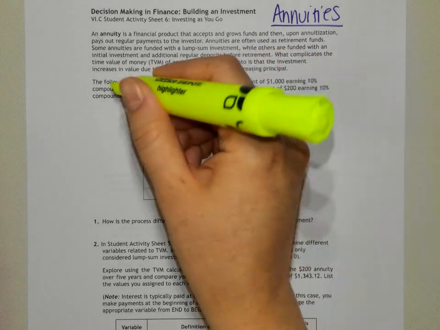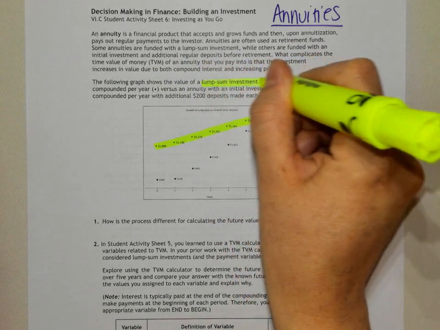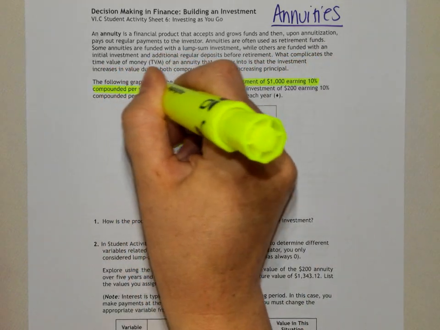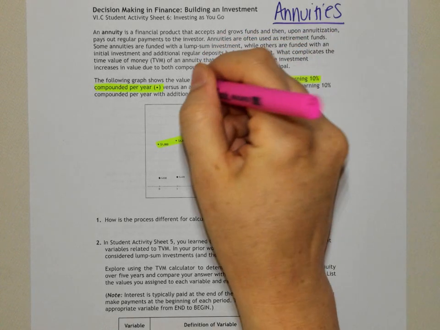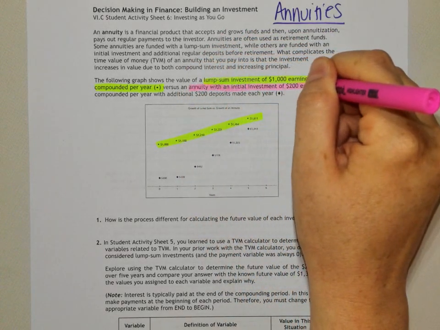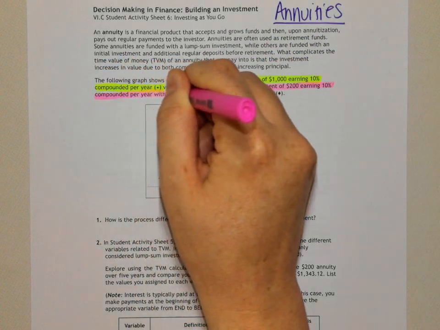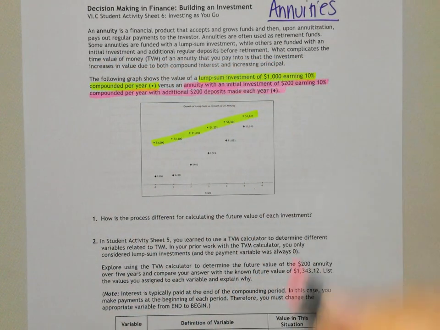It says the following shows a lump sum investment of $1,000 earning 10% compounded per year versus an annuity with an initial investment of $200 earning 10% compounded per year and additional $200 deposits made each year.